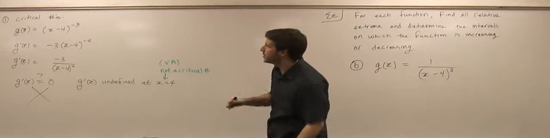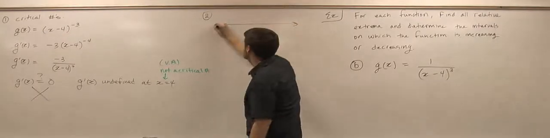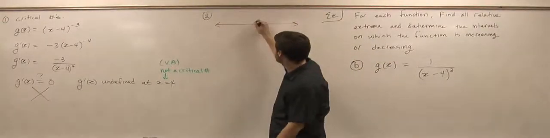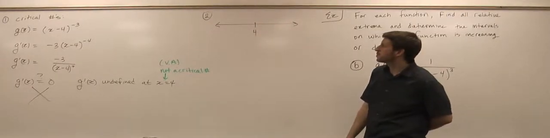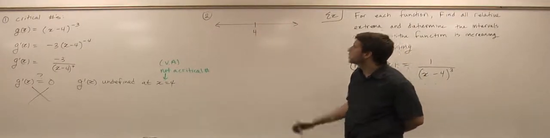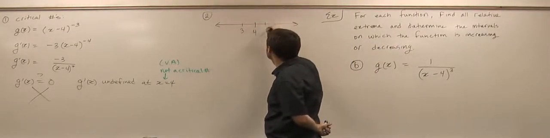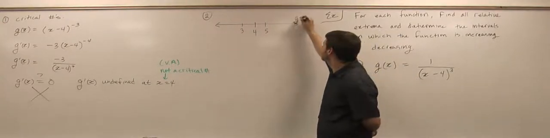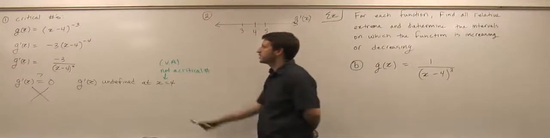So what happens here when we do our tests? We make our number line. And I'm still going to put 4 here. Now I want to test each side of 4, so I'll do 3 and 5. And what do I test them into? Here's the derivative.